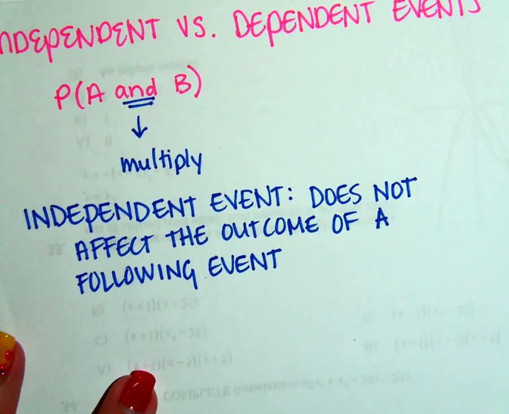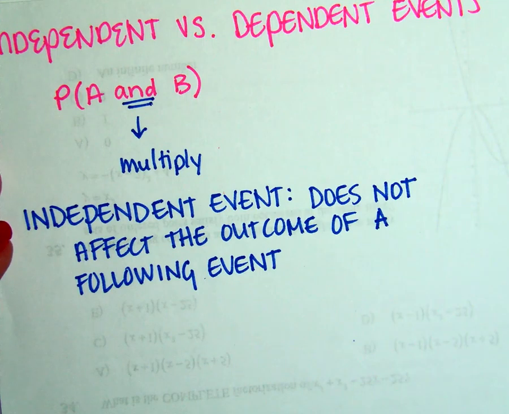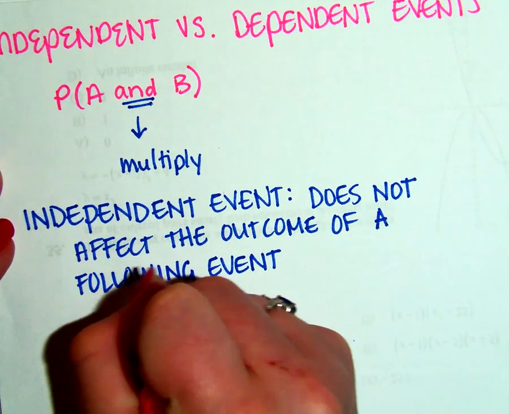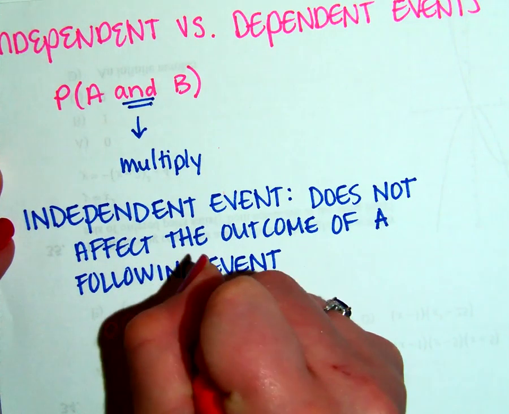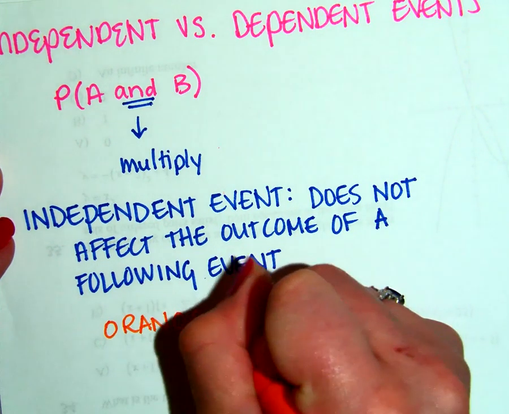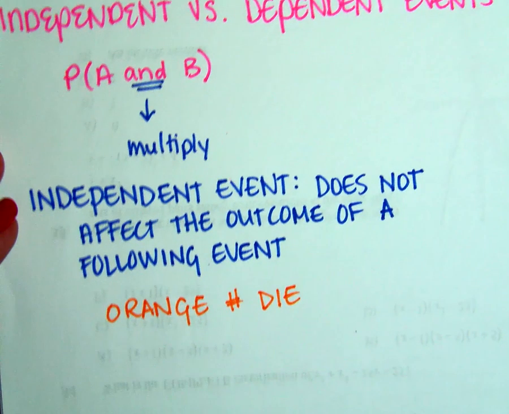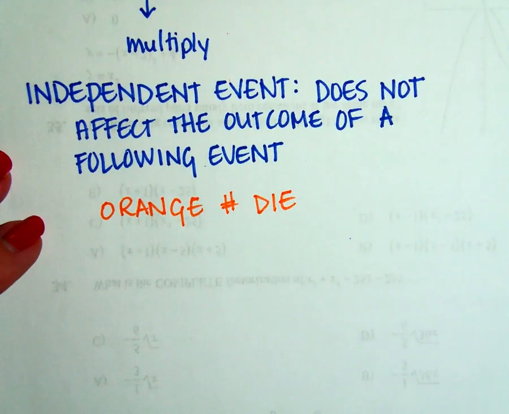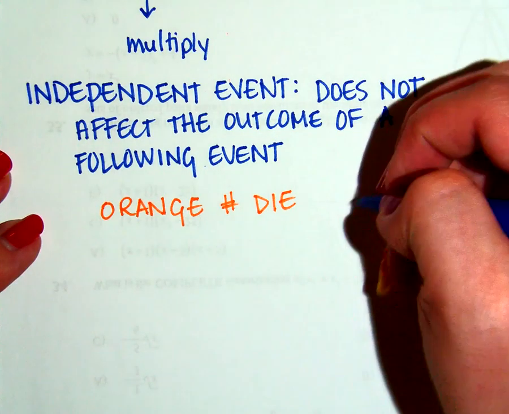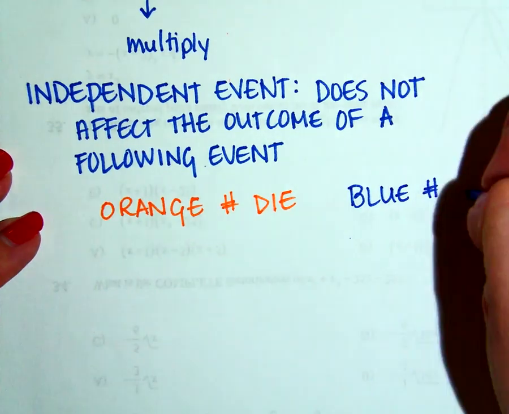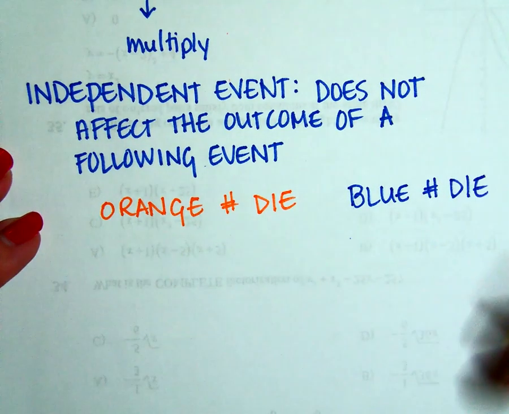So, this would be something like having, we'll say an orange number cube, actually we'll call it a die. It's like saying that we have an orange die and a blue die. Okay?